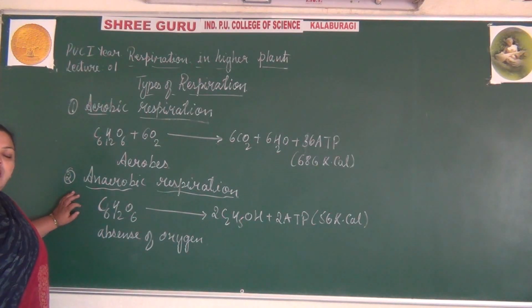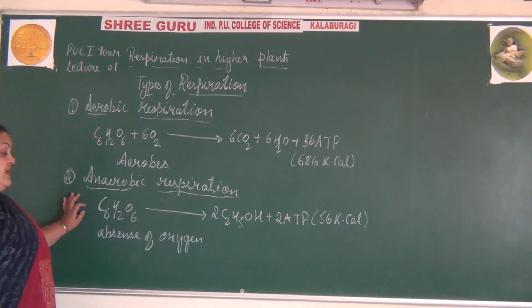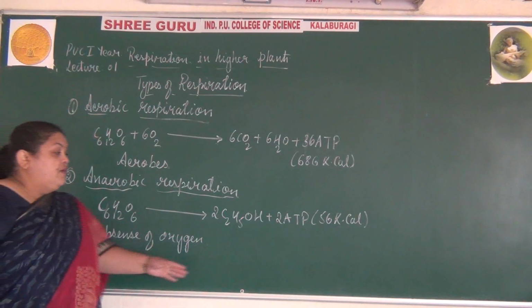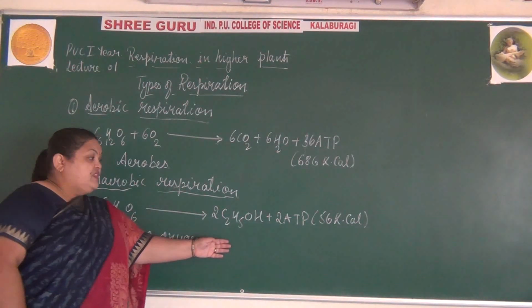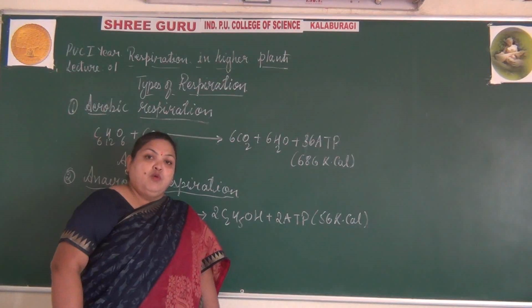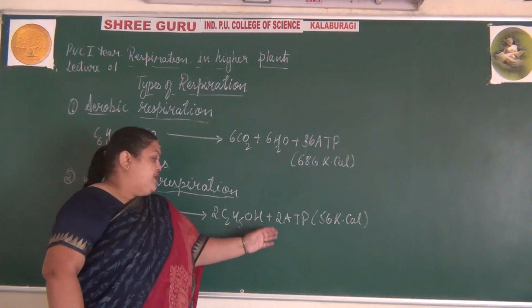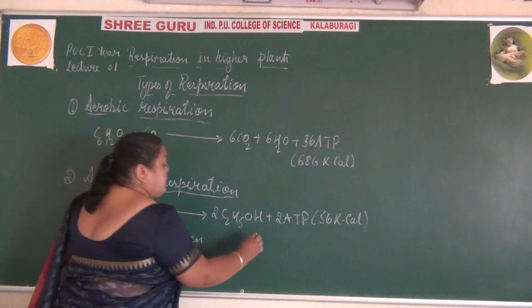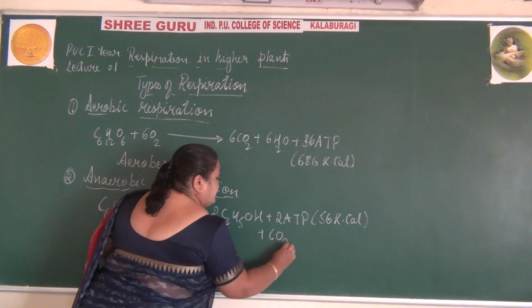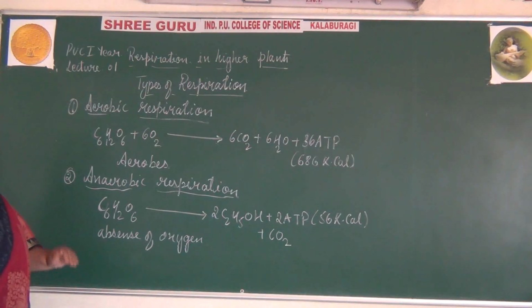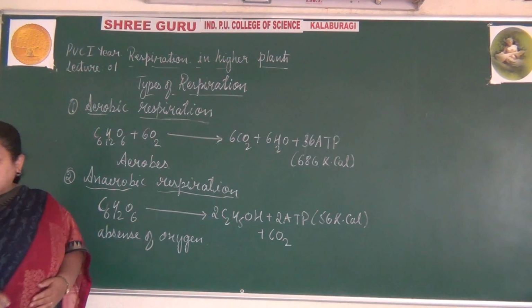During this process, oxygen is not required, where the glucose molecule is reduced with the help of the enzymes to form ethyl alcohol with the release of 2 ATP molecules, totally 56 kilocalories of energy, along with the release of carbon dioxide. It is a process where the food particles are being broken down in the absence of oxygen.